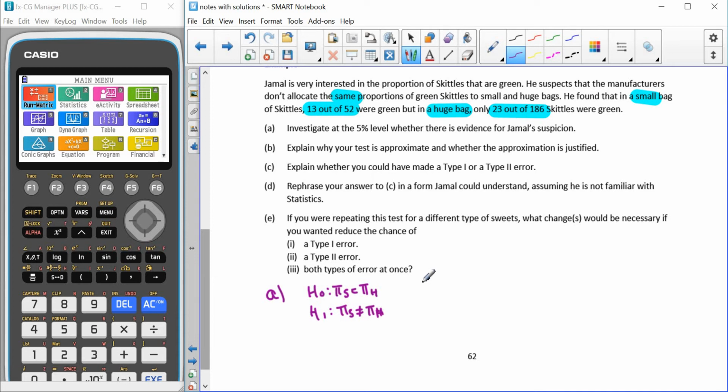There we go. So pi S is the population proportion of green Skittles in a small bag.